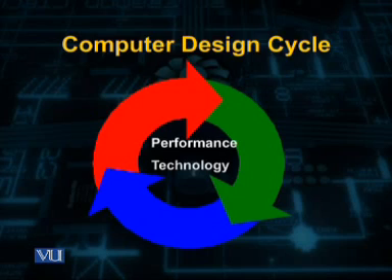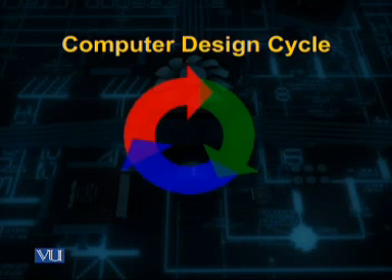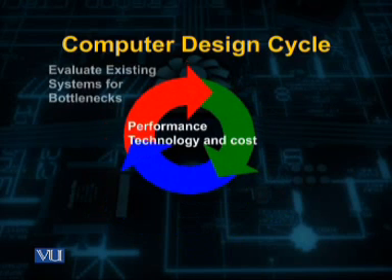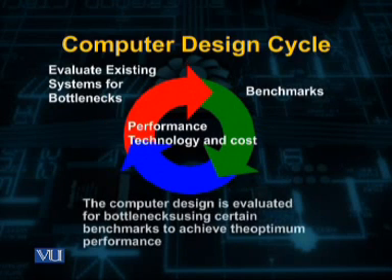Based on those technology trends, we have to find out what is the impact of the technology trends onto the cost of the system. As you can now see from this figure, which shows you the design cycle, you can see that the computer design is evaluated for bottlenecks using certain benchmarks to achieve the optimum performance.